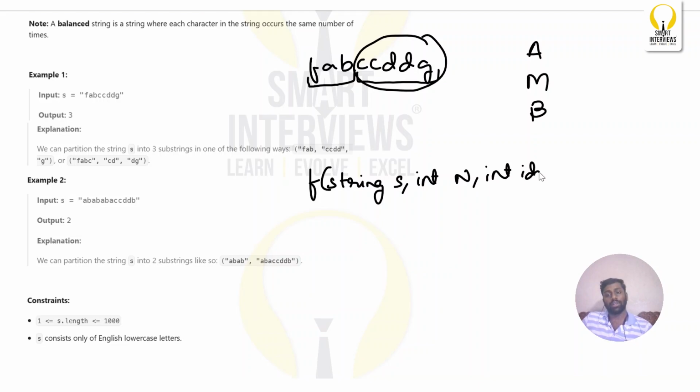So let's take int index. Our assumption here would be that f of s, n, index will return the number of partitions that can be made.